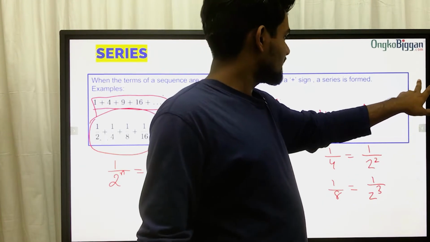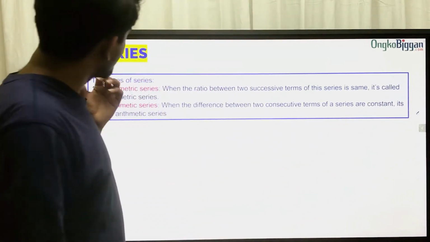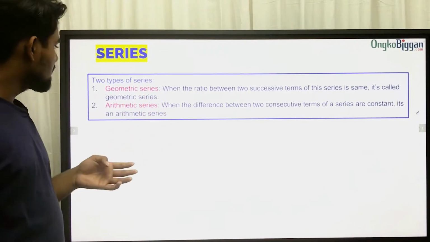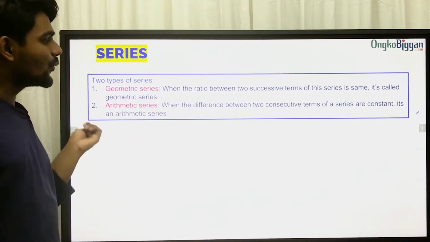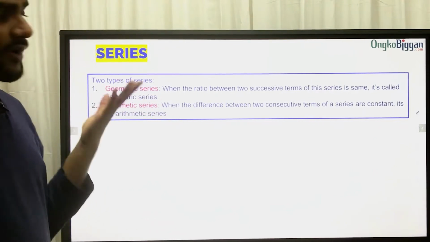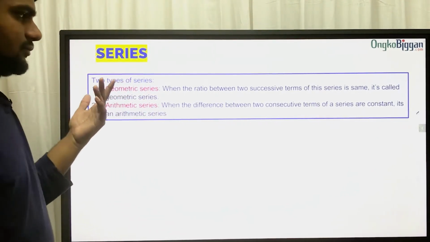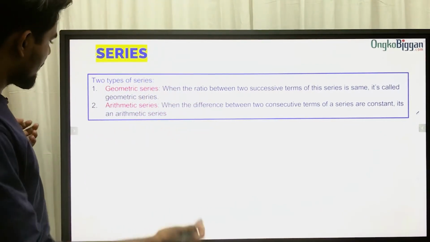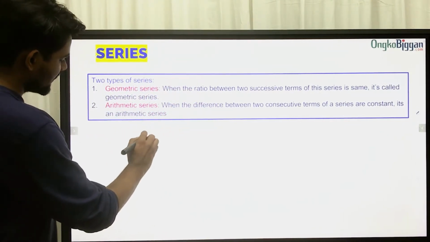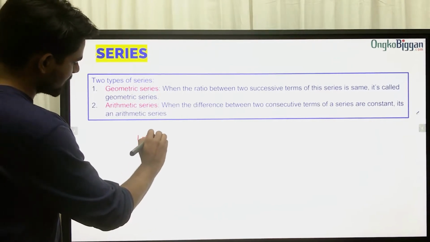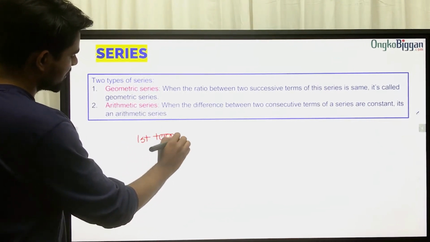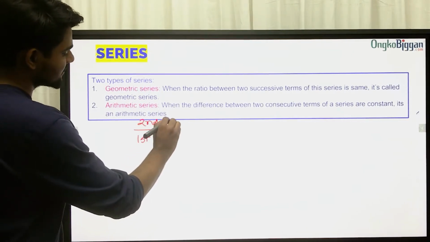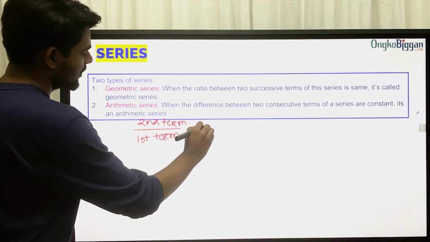Let us move on to the next part: there are two types of series. You have learned this in your general math book, I guess. The first one is geometric series, when the ratio between two successive terms of a series is the same. That means the second term divided by the first term is equal to r.